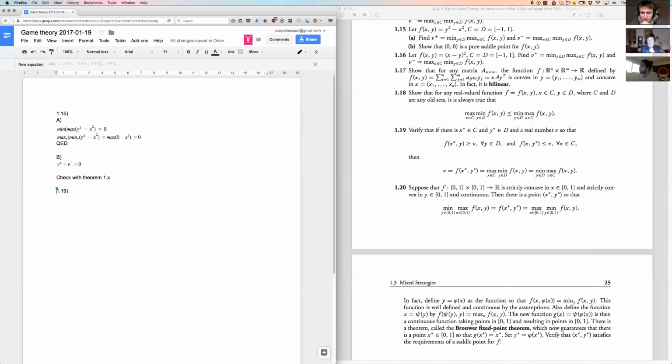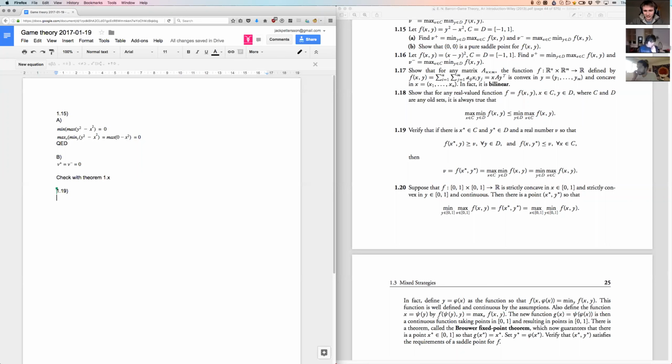I wonder why I circled this. You're just checking it out. Yeah, I didn't solve it either. I think I might have just circled it because I was confused. Yeah, it is a bit confusing.